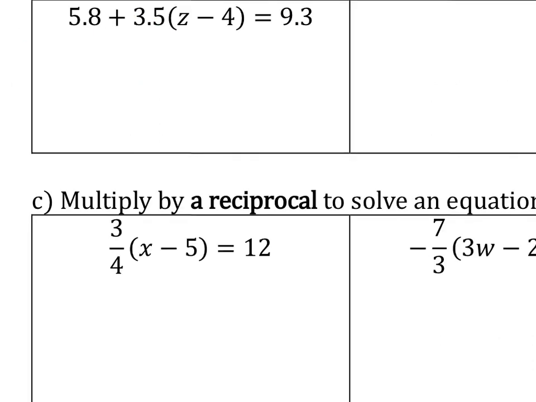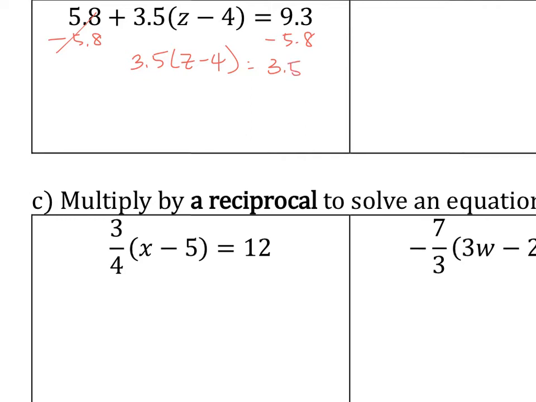And for this one, I am going to first subtract both sides of the equation by the inverse of positive 5.8, which is negative 5.8. Cancel this out, bring this part down. And here I would get 3.5.